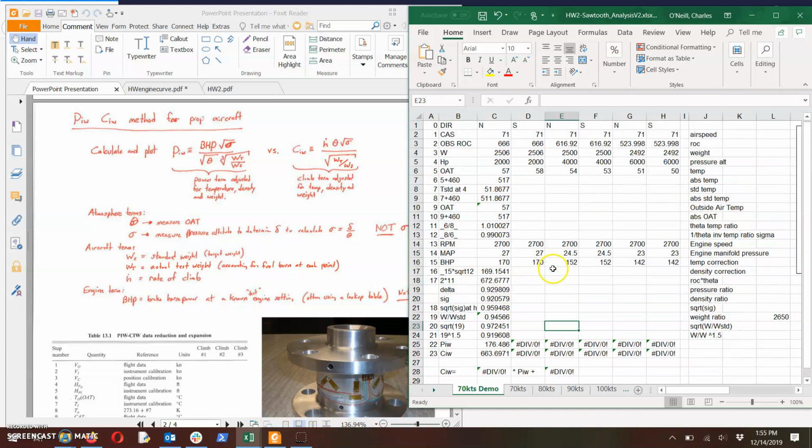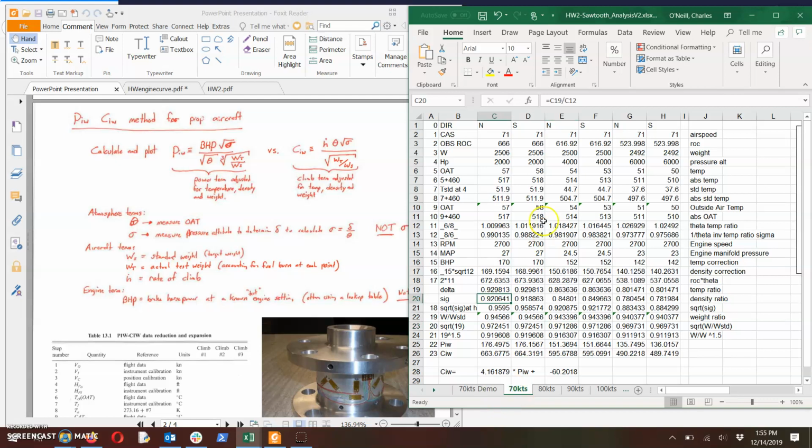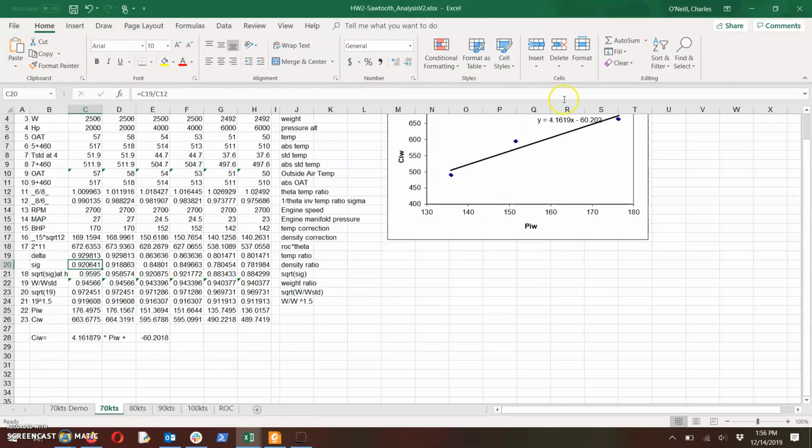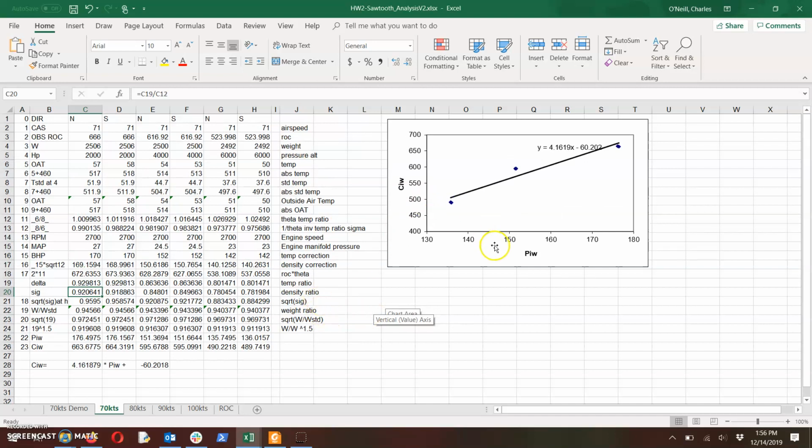Now what you can do is do that same process for all of the lines, all the columns, and you would end up here. Now the thing is that we really want to have a curve that describes that CIW PIW. So if we plot those data points, this is what they look like, and then we kind of want to have a line between them, make it a linear function.